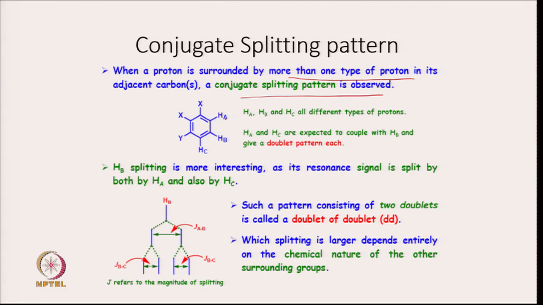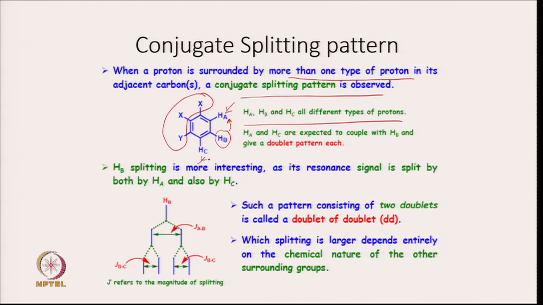For example, here if you see Ha, Hb, Hc, they are all different types of protons if the substituents are x, x and y at this position. Ha and Hc are expected to couple with Hb only, and so since there is coupling of Ha with Hb, this will split into 2 peaks.